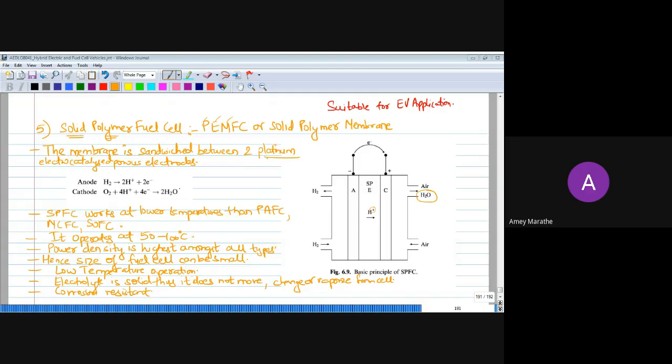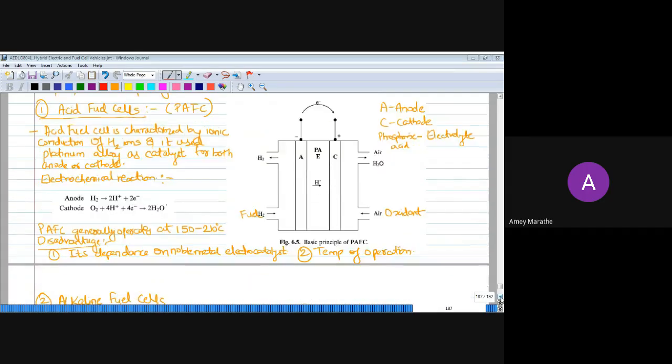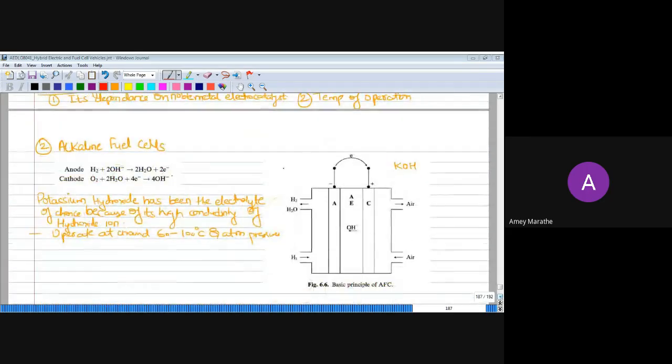And if we go back, we started with the acidic fuel cell. If you see, the operation temperature is 150 to 210, again slightly on the higher side. Alkaline fuel cell is suitable for EVs.